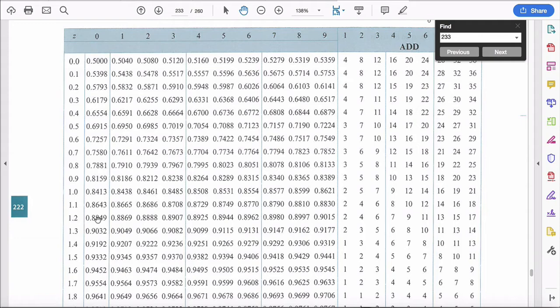In the first column, it is 0, then 1, then here. Do you see in this column, this is the probability for this number, 1.2, and 3 is here, above. So 1.23. So phi of 1.23 is 0.8907.